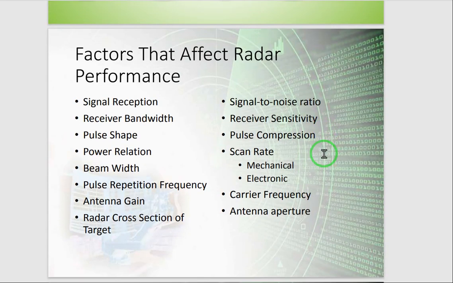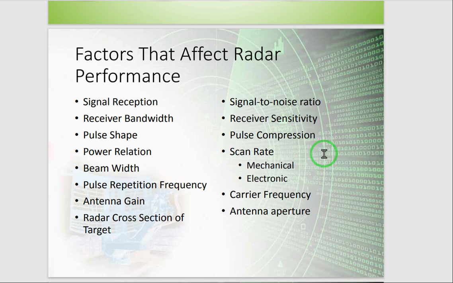Now the factors that affect radar performance. There are many factors that can affect radar performance. Signal reception: definitely if the signal reception is not correct, or the signal is not directly received, then there is a problem in the performance of the radar.